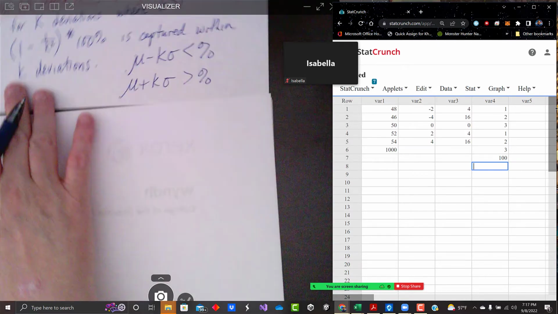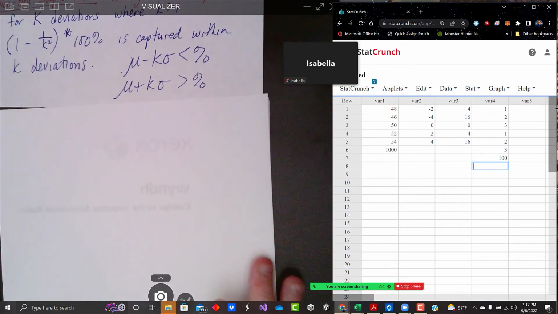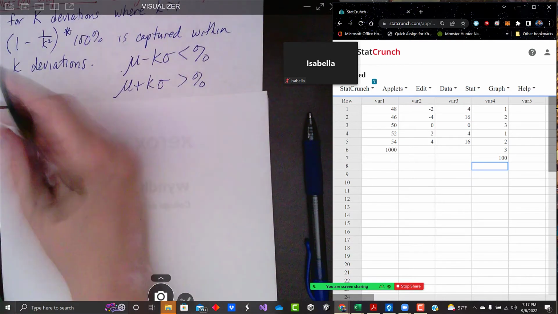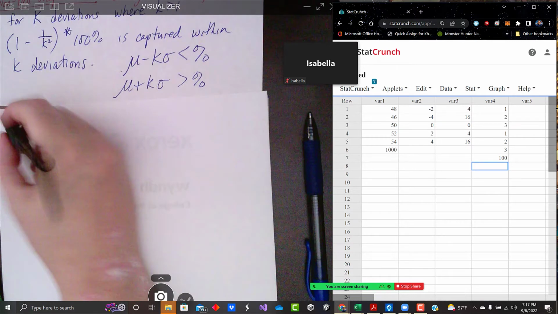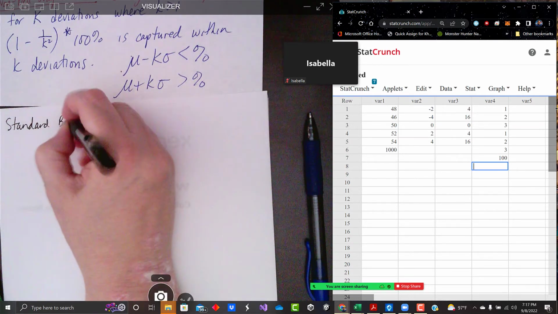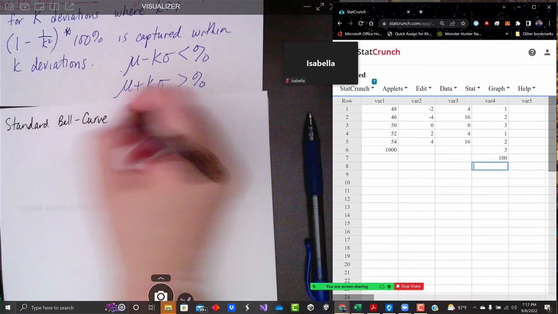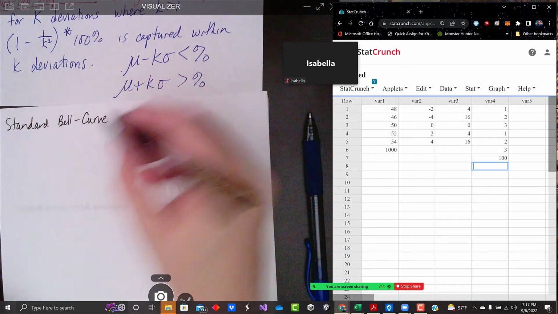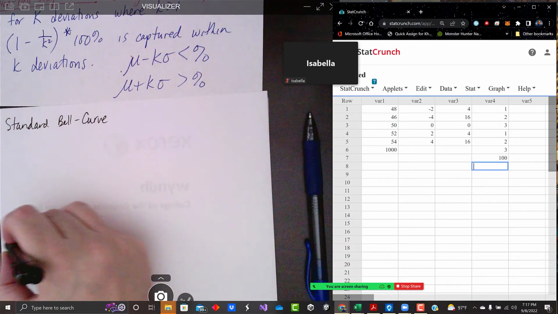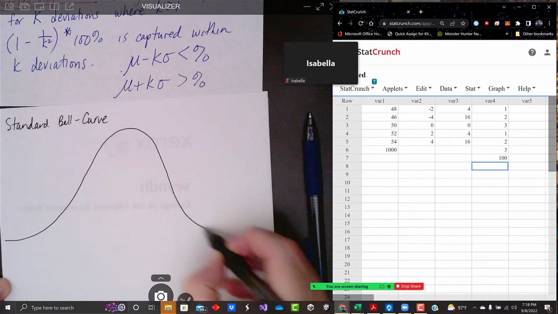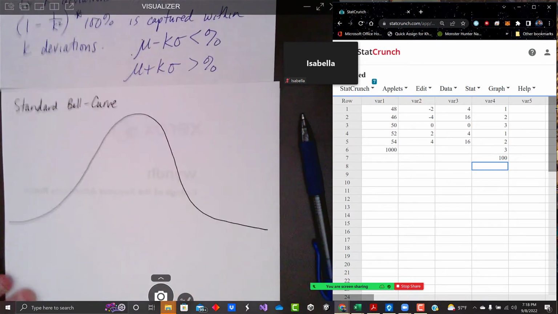Let me show you the standard bell curve graph. And this is one you should memorize. I will show it repeatedly, but if you don't know it for the midterm, you're kind of in trouble. Damn, that looks like a good hill, doesn't it?